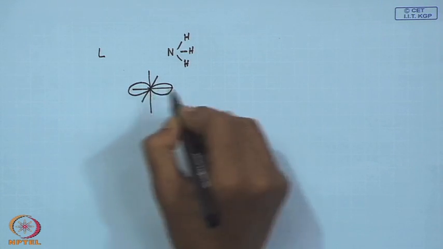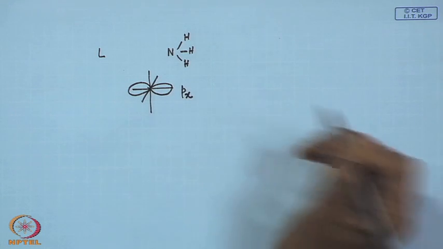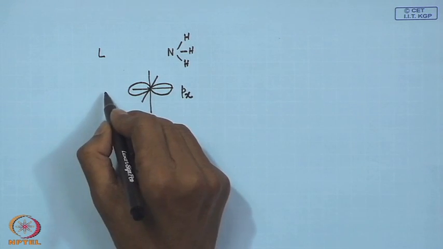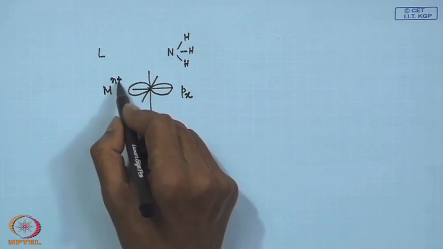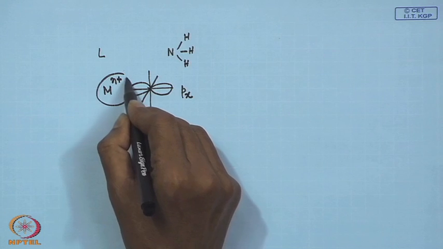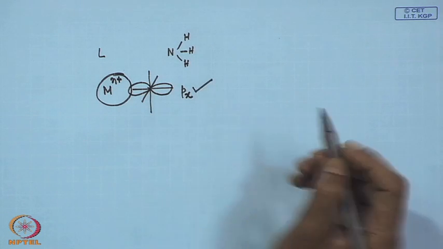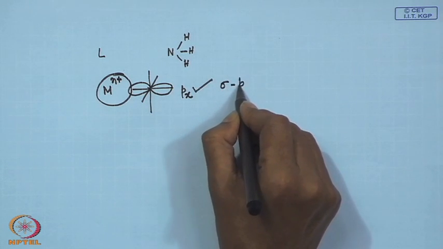One, say the Px orbital, we have utilized to overlap with the metal ion. So, already we have considered this one particular orbital. This Px is gone for sigma bonding.